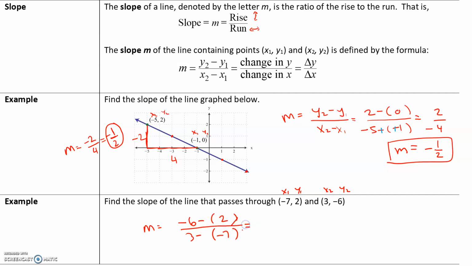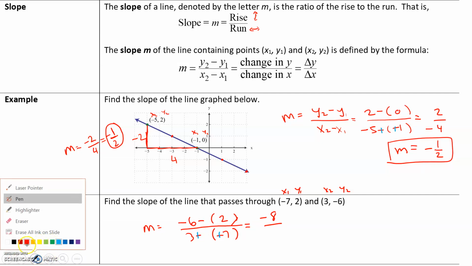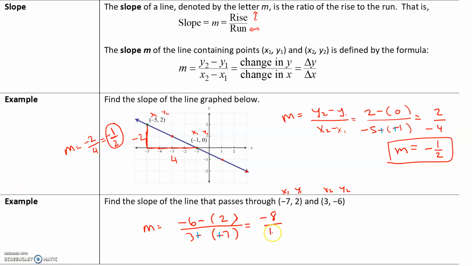Negative 6 minus 2, if you have two negatives, they make a bigger negative, so that's negative 8. So two negatives, when you add or subtract, give you a bigger negative. On the denominator, we have two negatives back to back. When that happens, that does give us a positive. And 3 plus 7 is 10, so we get negative 8 over 10. Let's divide these each by 2.